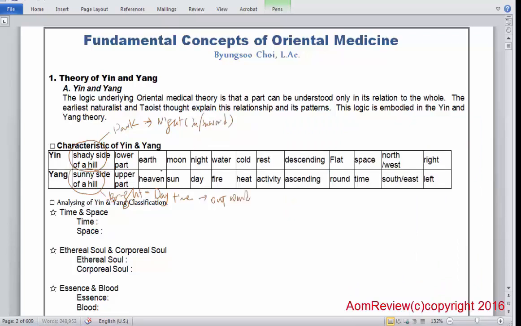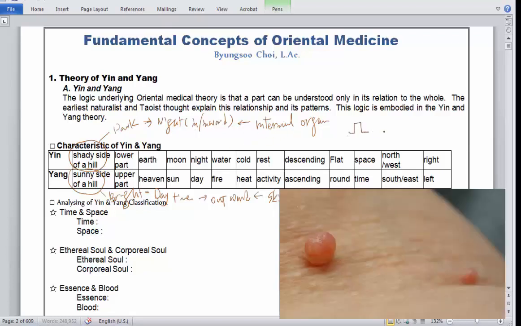In this way, there are many conditions in the human body that this applies to. The inside, with internal organs, compared with the skin and muscle, which is located more outside. And also protrusion or concave.